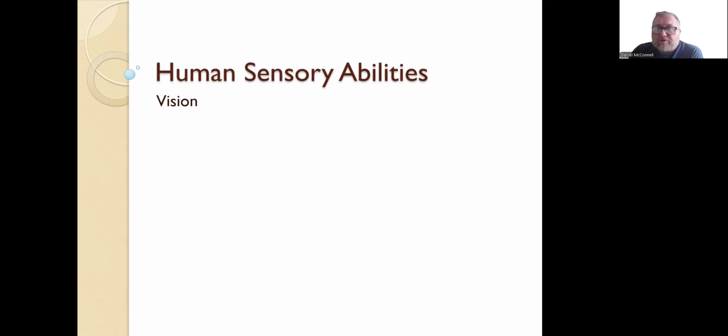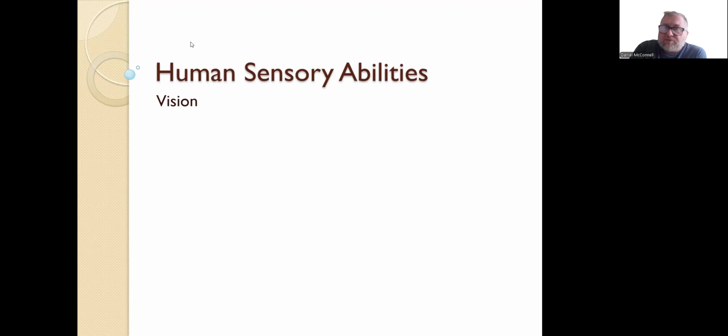Rather, we're going to focus on abilities, limitations, capacities, capabilities. What are humans capable of doing with their visual sense, for example? And what are some limits and constraints on our visual ability? Because these abilities and boundaries are really of direct relevance to human factors.